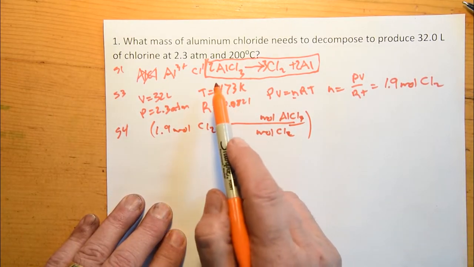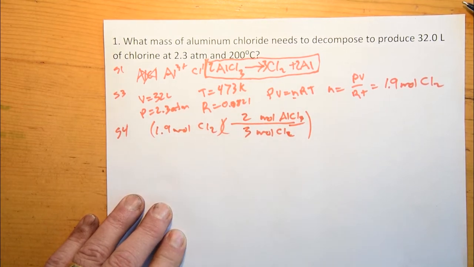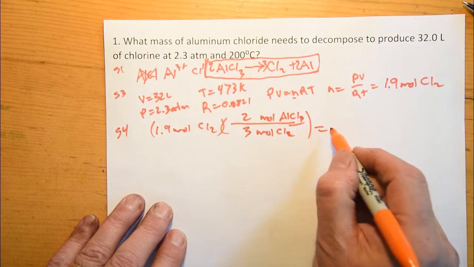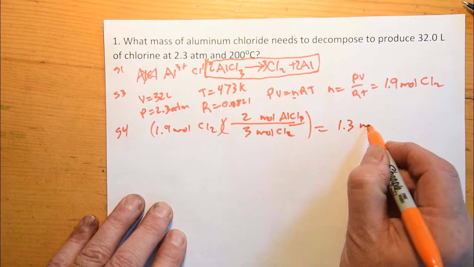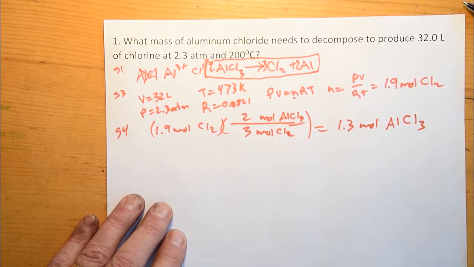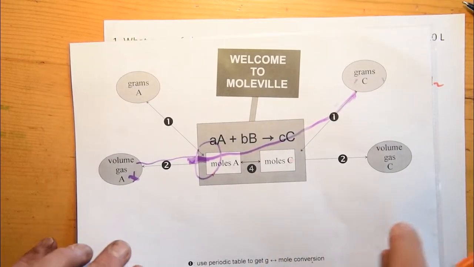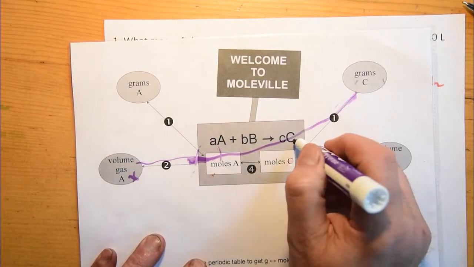The mole ratio is 2 to 3. Got that? 1.9 times 2 divided by 3, and that gives you 1.3 moles of AlCl3. Okay, so now we are right. We're still in Moleville, technically, right?